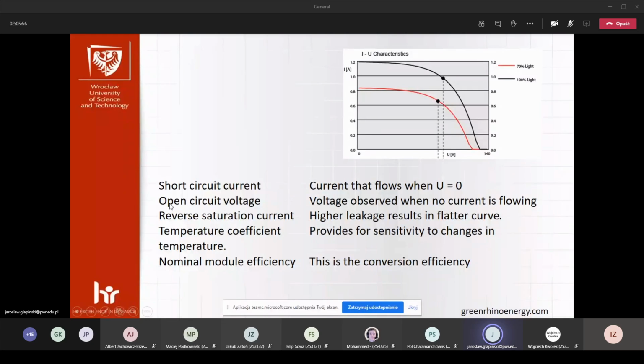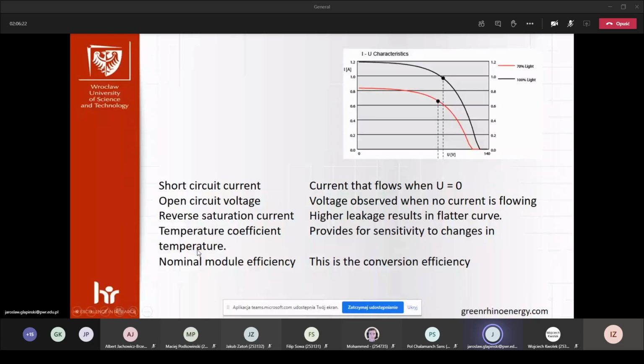photovoltaic cells. We've also got open circuit voltage, the voltage when the circuit is open. It's different for different types of solar cells and different for different light emission outside. We've got the reverse saturation current, maybe less important.